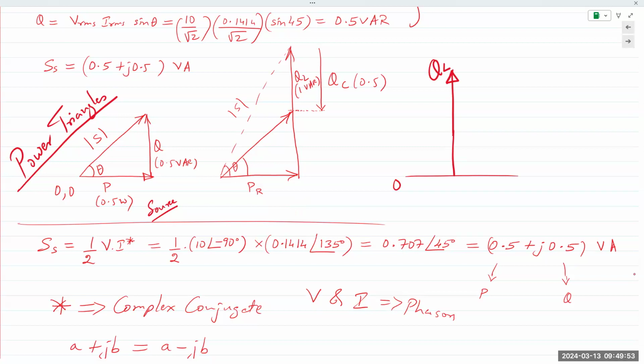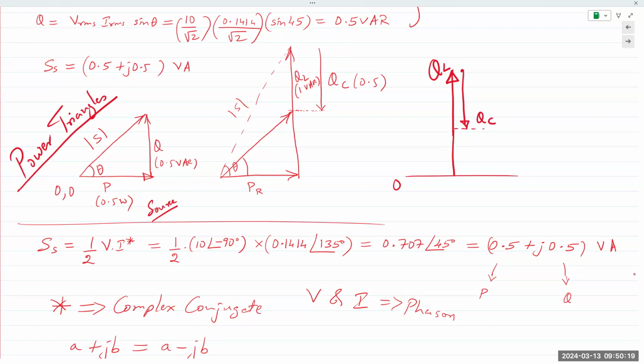Then it'd be 1 plus 0.5. We are doing the same thing here. We are doing Q_L plus Q_C. But because they're complex quantities, we have to take the phase angles into account. Q_L points straight up. And instead of adding, Q_C actually points down.